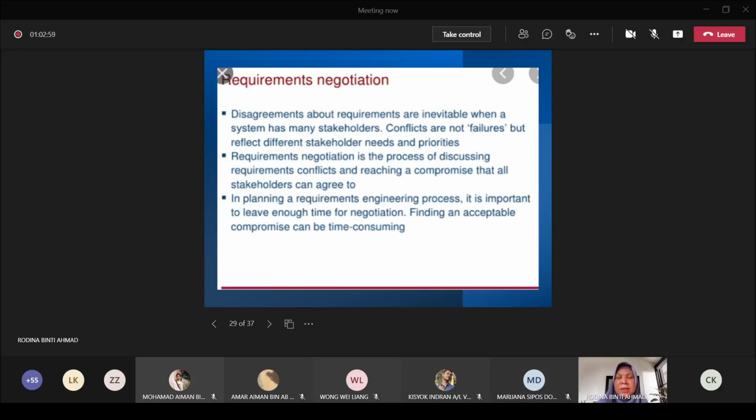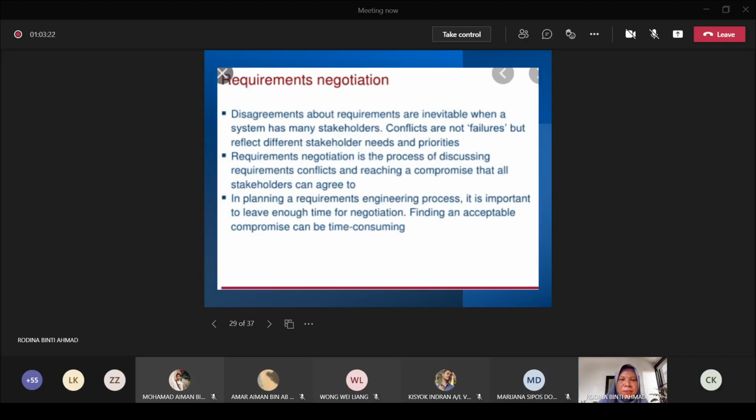You cannot avoid it when the system has many stakeholders. So conflicts are not failures. You have to be positive about it, but also reflect on their different needs and priorities. You have to take it as a challenge, because conflicts can occur anywhere, in any of the activities within the requirements engineering process.